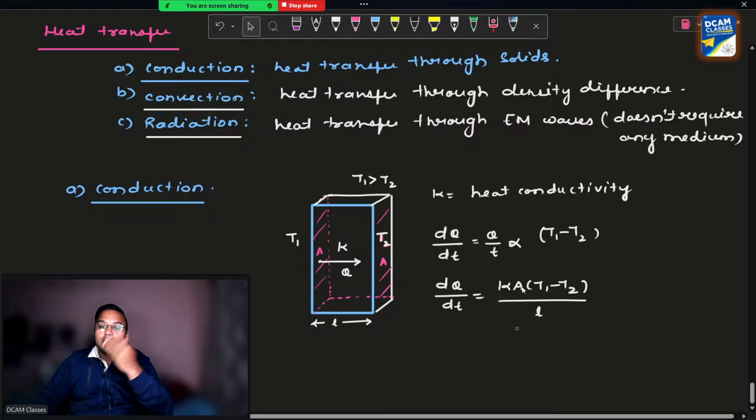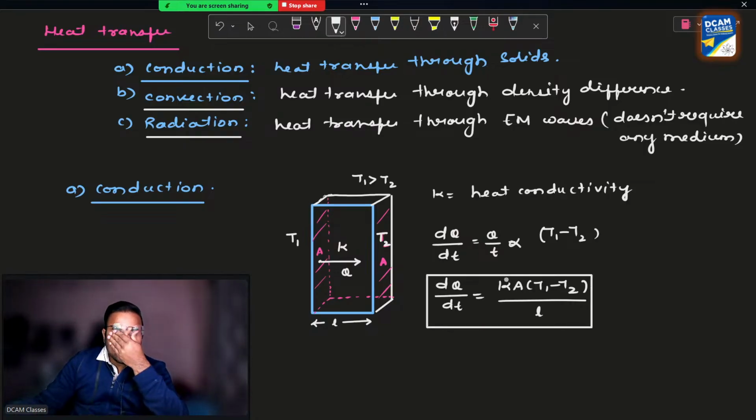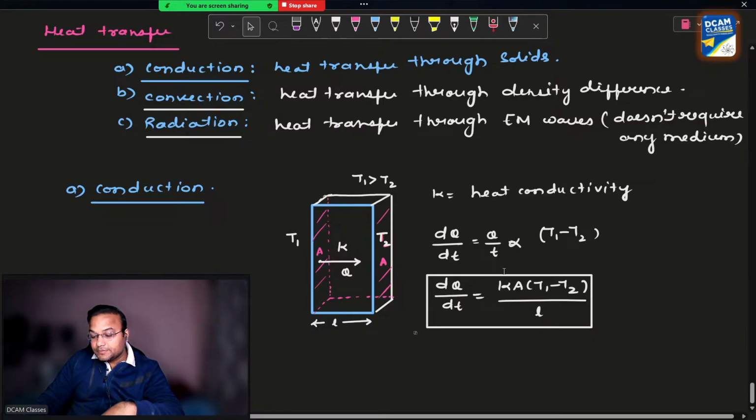A is the cross-sectional area which is perpendicular to the heat transfer. Understood? This is the law. Understood, Haripriya, Kanishka? Yes, sir.